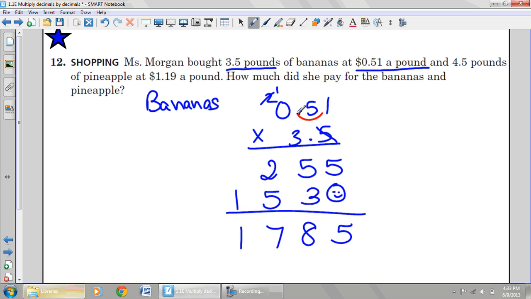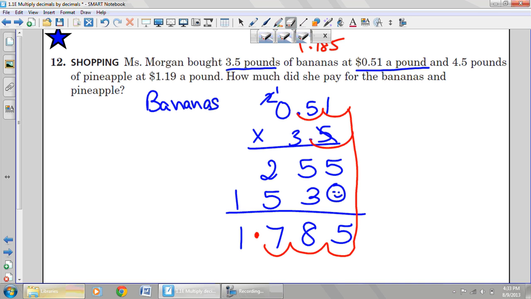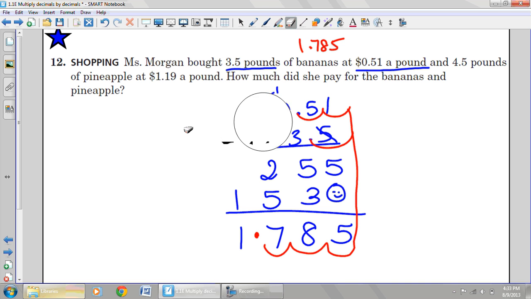Move the decimal point once, twice. Move the decimal point once for a total of 3. 1, 2, 3. So that is what it's coming to for bananas. Let's write the number on top of the bananas. 1.785.